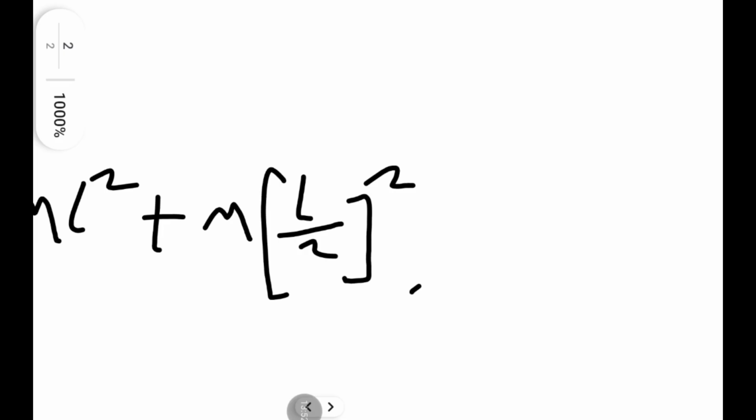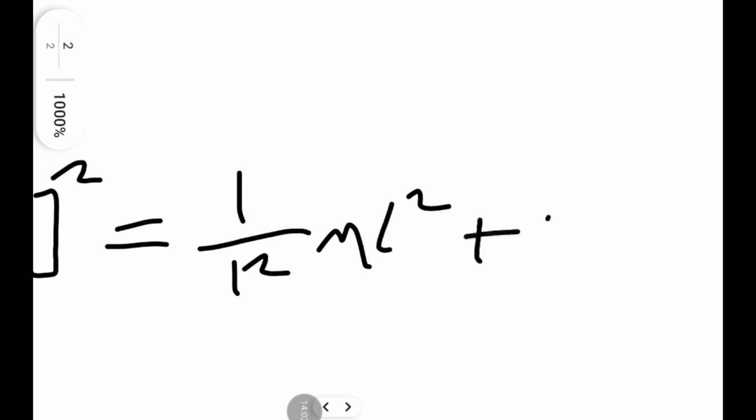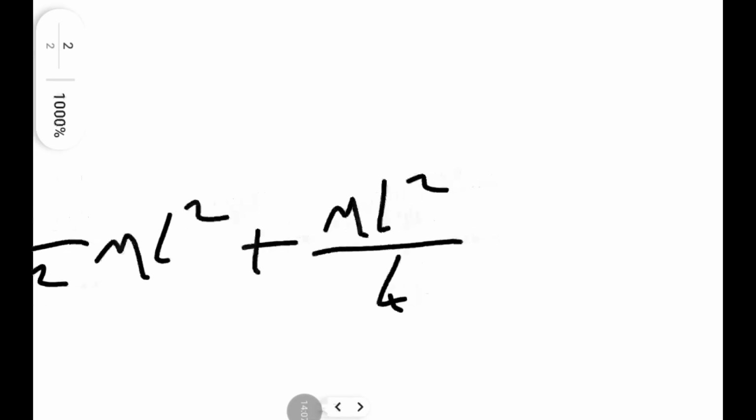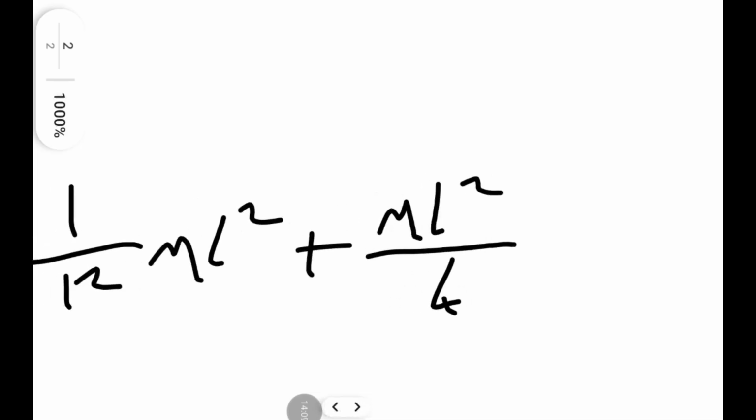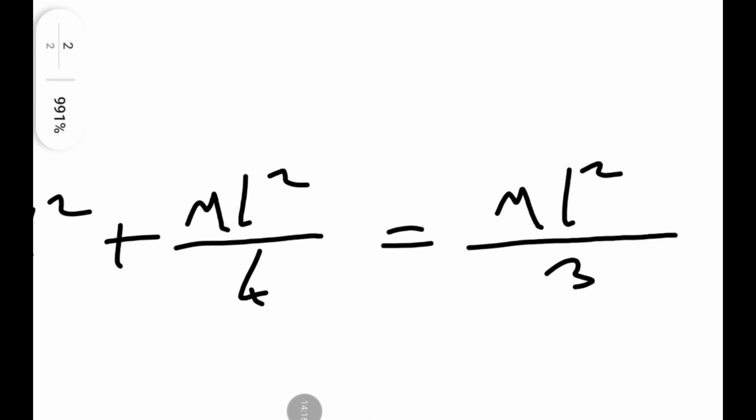If we multiply it out, that's 1/12 ml squared plus ml squared over 4. That's just going to be equal to ml squared over 3, just adding fractions.